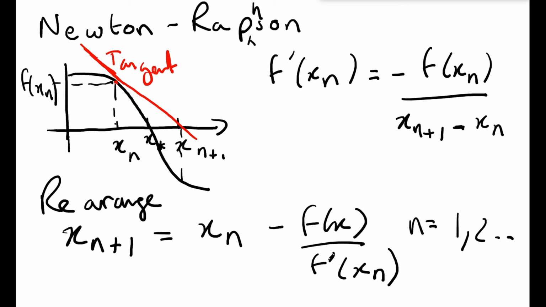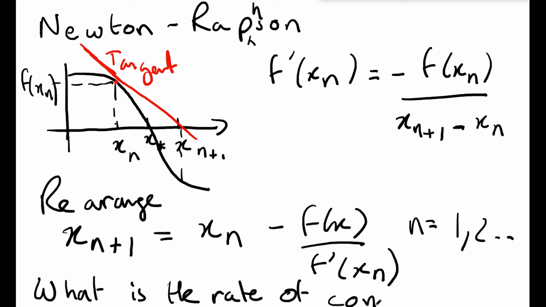So what we want to do now, and start to at the end of the session, is establish the rate of convergence. We've encountered 2 methods so far that have linear convergence. Is Newton-Raphson still linear convergence? What is its rate?